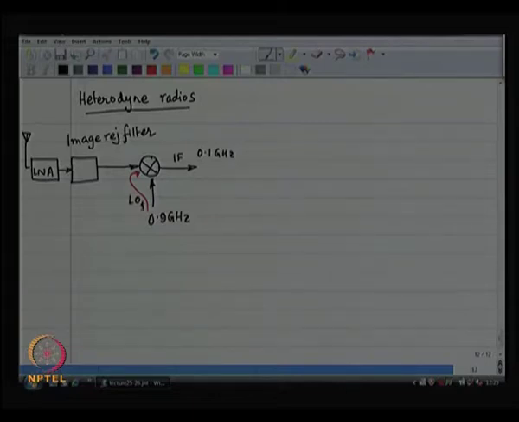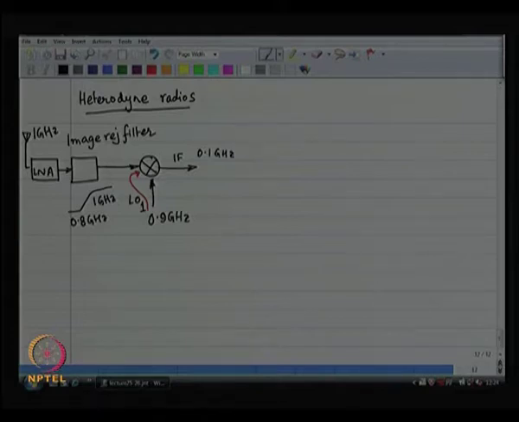If your local oscillator is at 0.9 gigahertz, if your signal is at 1 gigahertz, then the image reject filter should be a filter that cuts out 0.8 gigahertz, allows 1 gigahertz through. Something like this, all right.